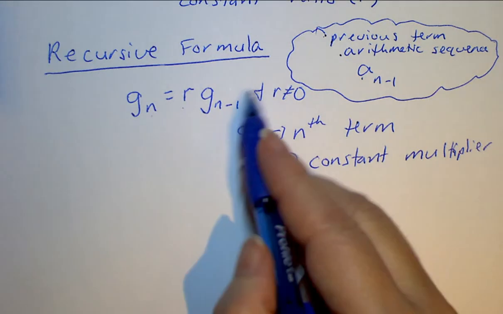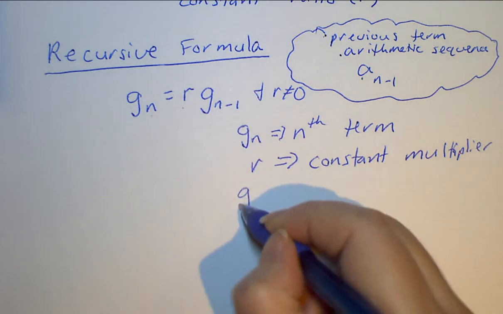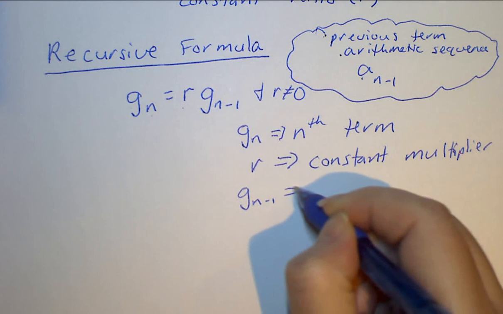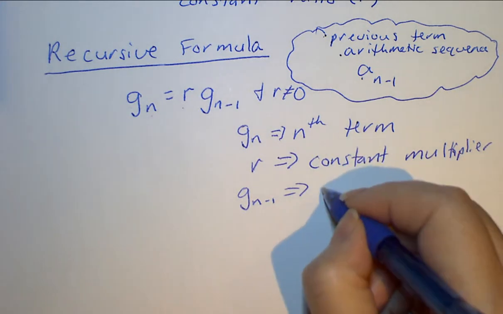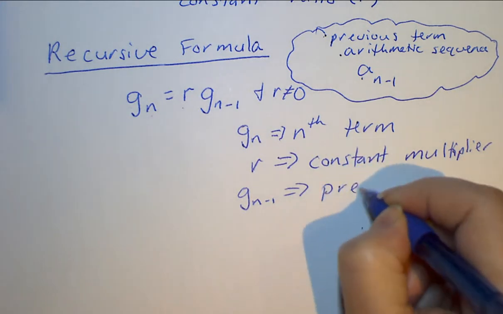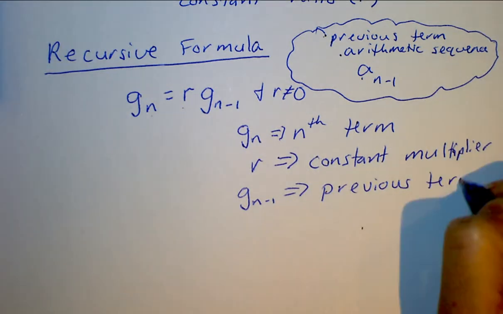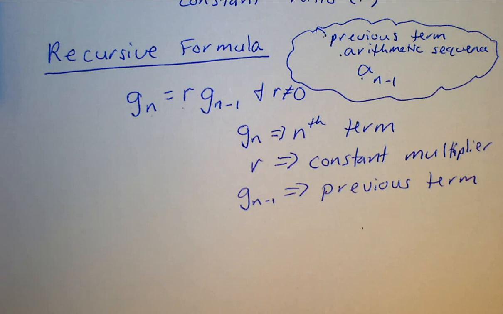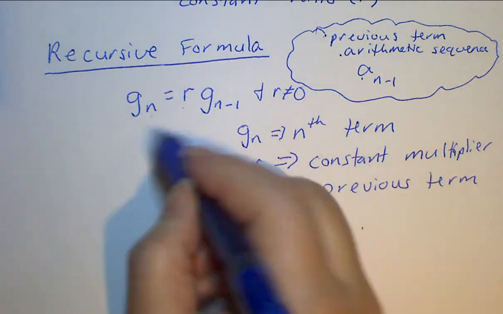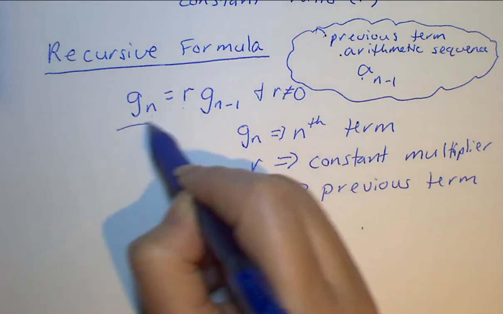Your g sub n minus 1 is your previous term. Alright, so that's your recursive formula.